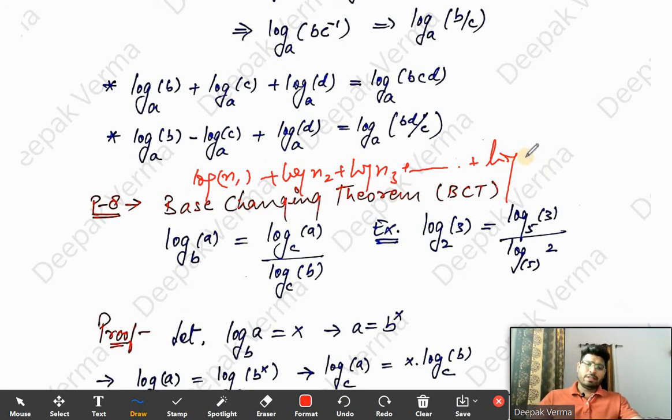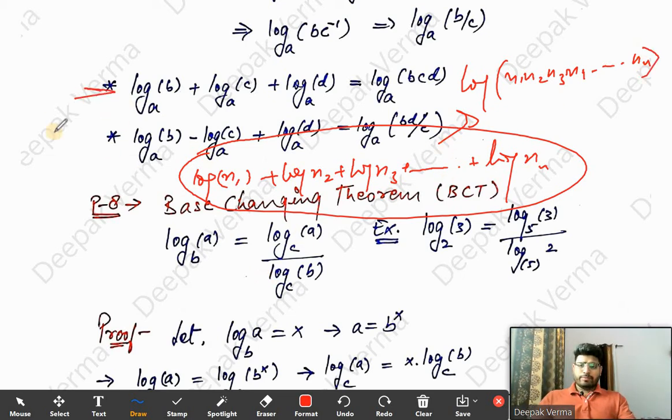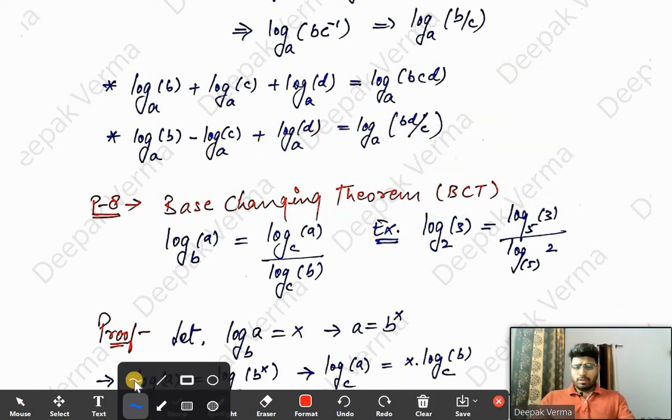Then the product property will be valid. So this will become log n1, n2, n3, n4 like this, up to n. What does it mean? I hope it is clear.